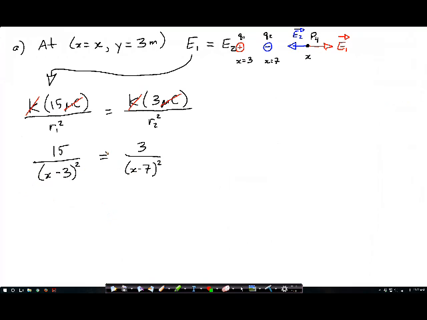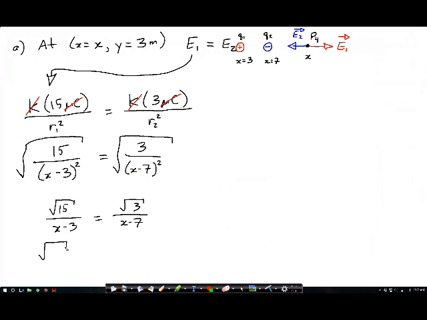Okay, so then I can take the square root of both sides, just to get rid of the squares. And then I get the square root of 15 over x minus 3 is equal to the square root of 3 over x minus 7.